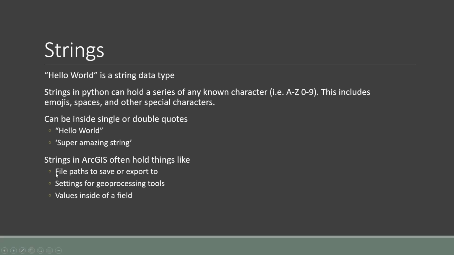We'll be talking a little later about some of the particularities that will cause problems, but that is the value of that. Additionally, the vast majority of geoprocessing settings will actually be strings. And similarly, if you're ever going to read anything coming out of a table or a shapefile, anything that is text is going to be stored as a string, or at least that's the way you're going to be accessing it.